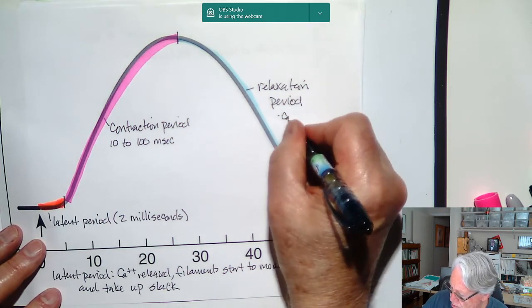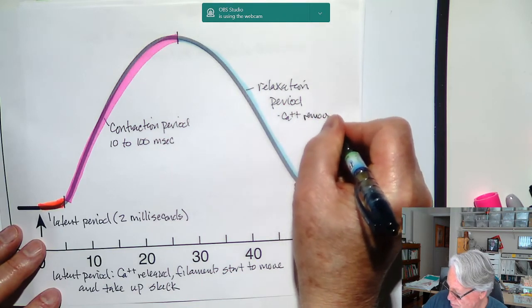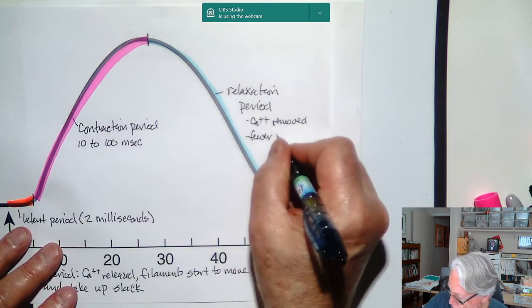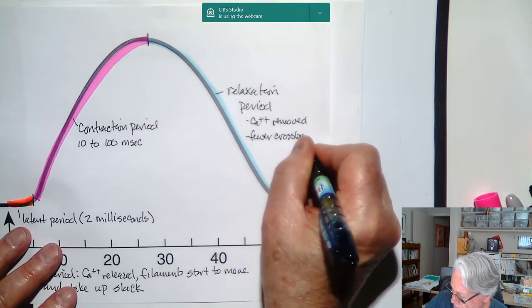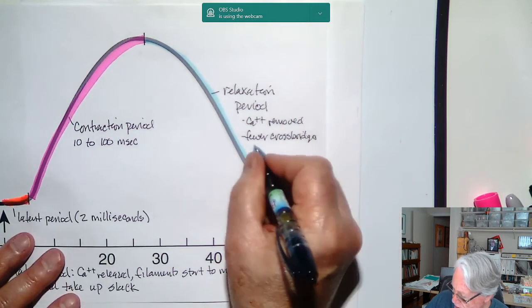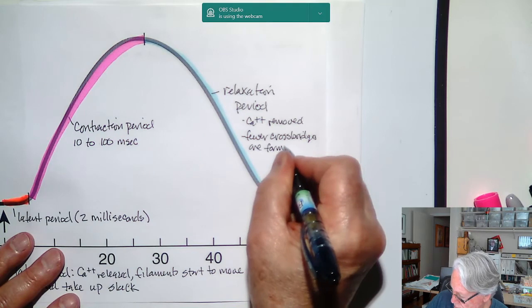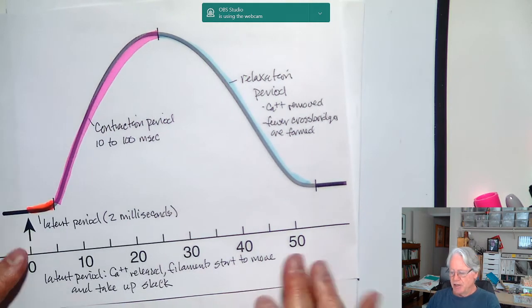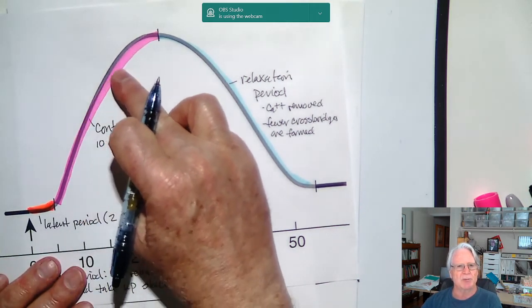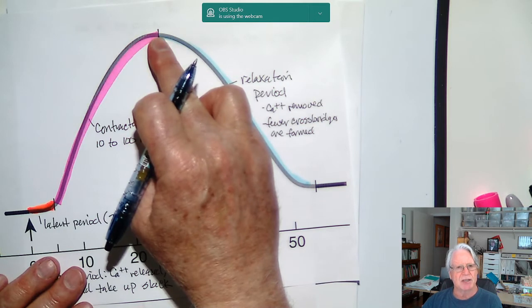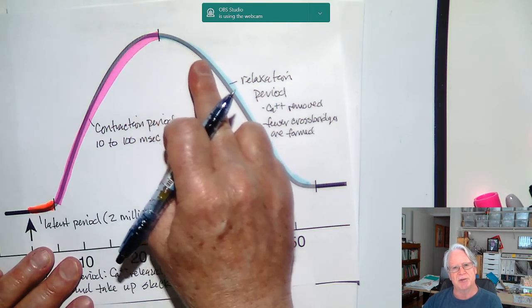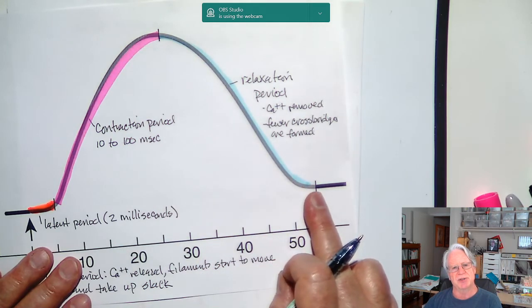Here calcium is being removed, fewer and fewer cross bridges are formed, and we get a gradual reduction in the amount of force being applied. So here, more and more cross bridges, more and more force. We reach an apex. Calcium is now starting to be recovered and removed. So now there is a diminishing number of cross bridges, and we get a gradual sliding off of the amount of force.